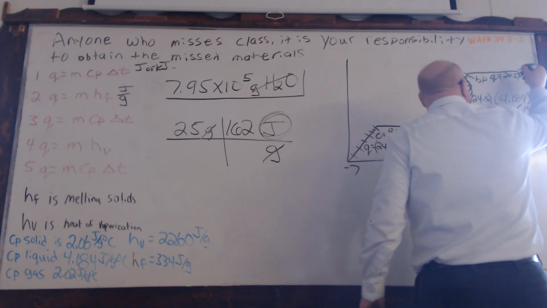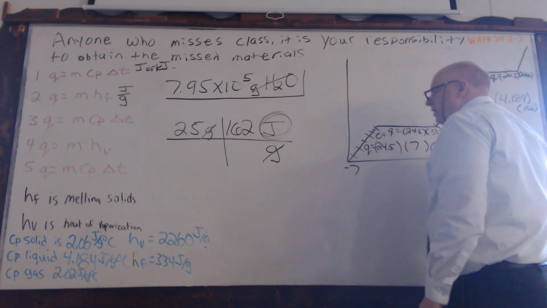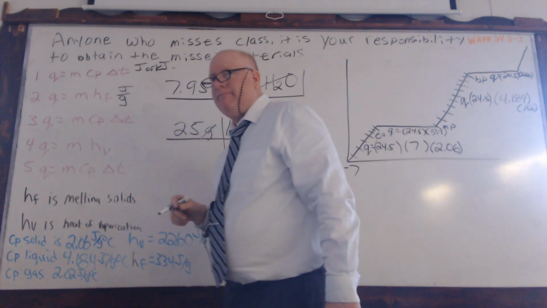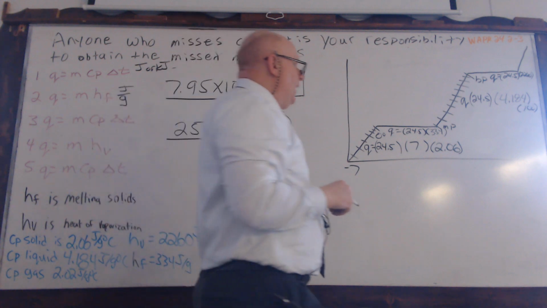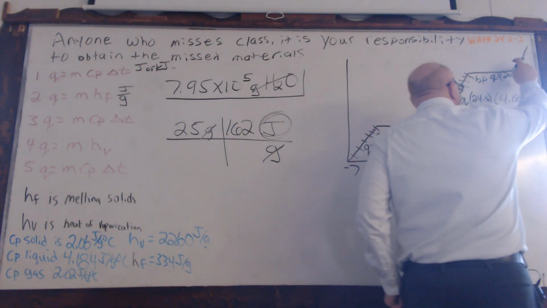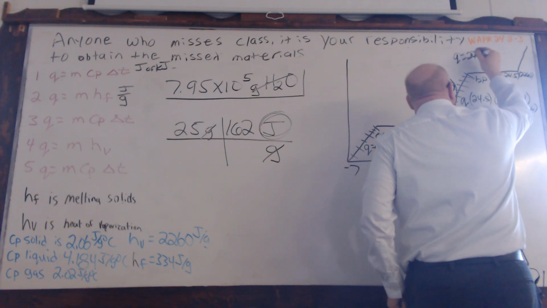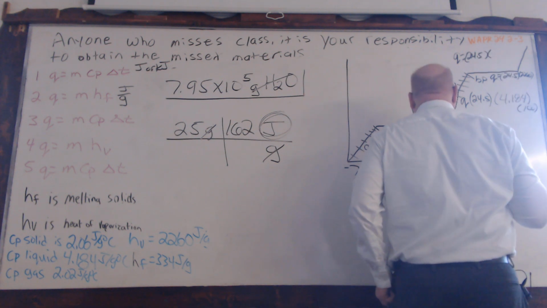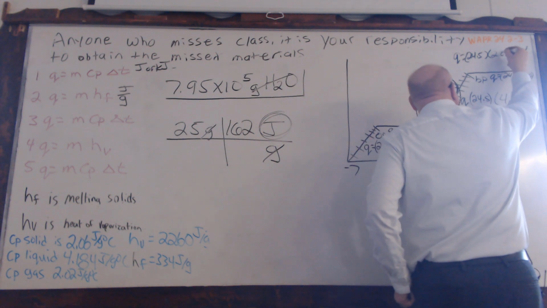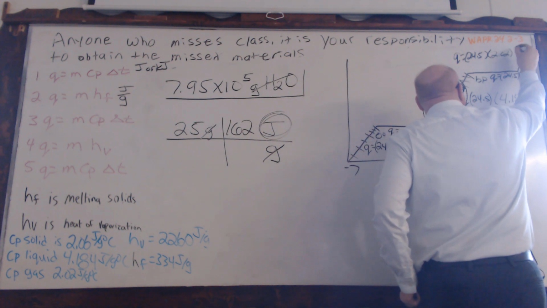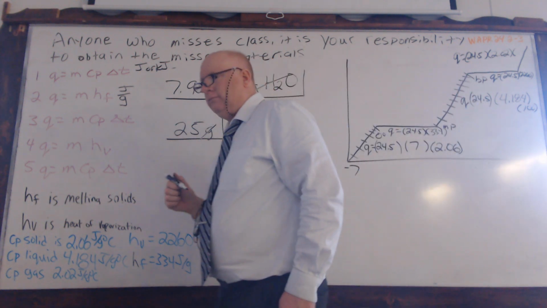Okay. Then this eventually goes all the way up to where we're making steam. I didn't add that last one on there. Okay. So then again, the mass has not changed. The specific heat for steam is 2.02. And then what is your last temperature range?